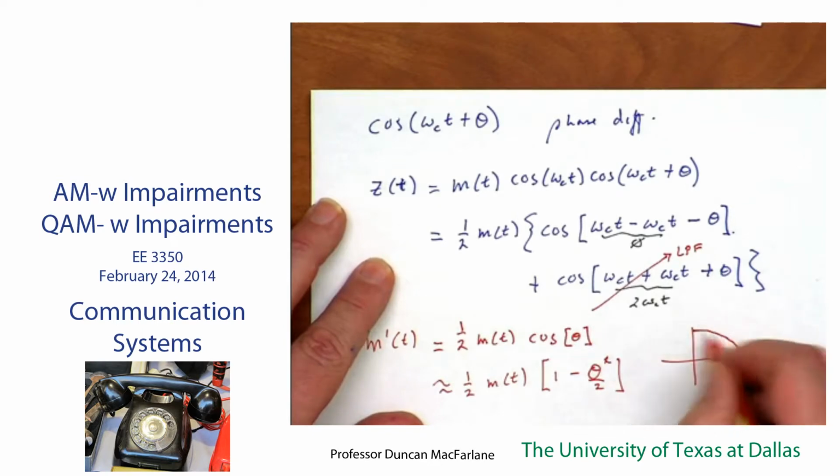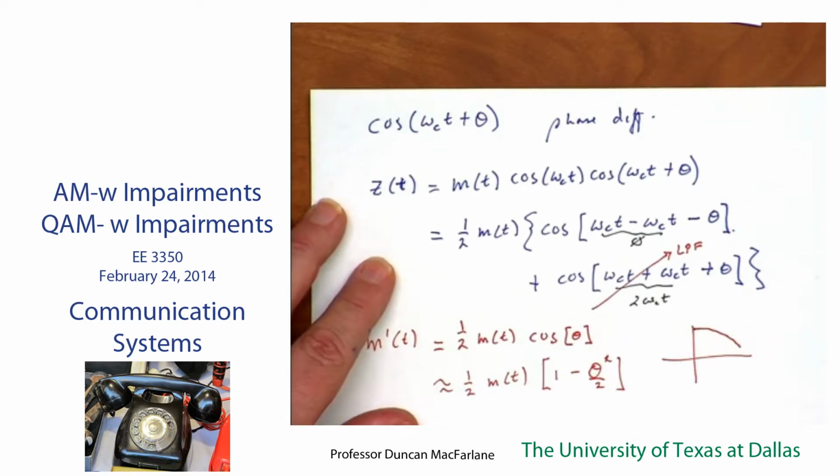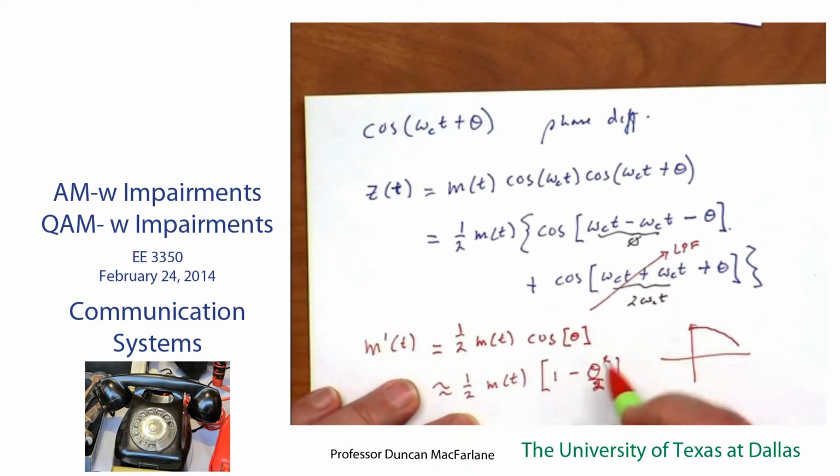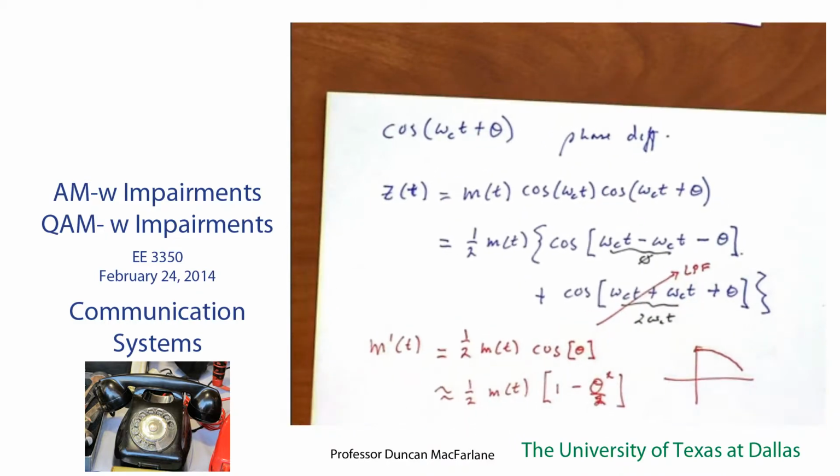So look at this as a quadratic. And I start high and I go down. So if I have a small error, then I just have some smaller signal. Instead of 1/2, I have, you know, 0.45 of my signal. Not that big a deal. So this is just an attenuation, and for small thetas, I have just a smaller signal out.